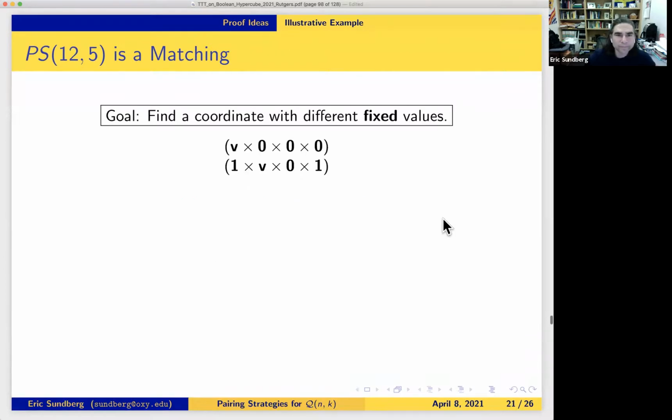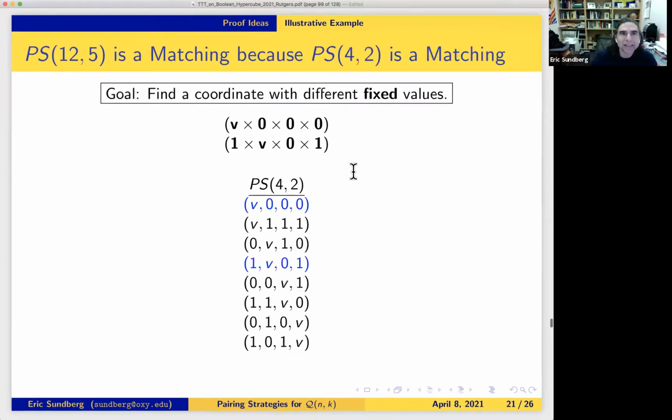So I really like the way that PS12.5 inherits, or exploits, the matching property of PS32. The other case was that we pick an edge from one Cartesian product set and then an edge from a different Cartesian product set. Are we still guaranteed that in those edges of length 12, we'll be able to find a coordinate where one of them has a 0 and the other has a 1? This is really nice too, because it uses the fact that PS42 is a matching.